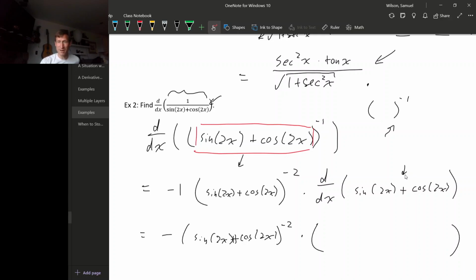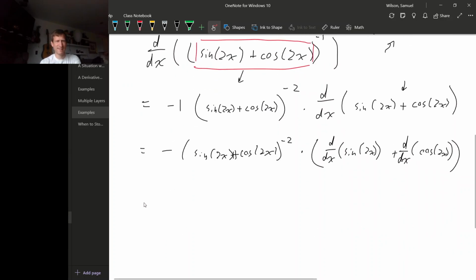Now this is a big sum, so we have to differentiate each piece. So the derivative of sine 2x plus the derivative of cosine 2x. All right.